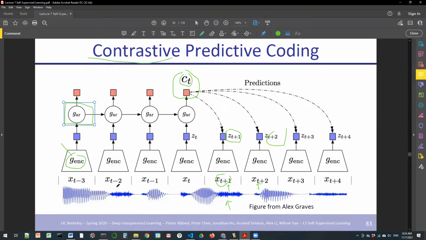So in one case, it learns the quote identity of the speaker, meaning it says, oh, these embeddings are not the same speaker. If you have a choice of 10 speakers, it is able to correctly predict the embeddings in the latent space of the same speaker versus all the other speakers.